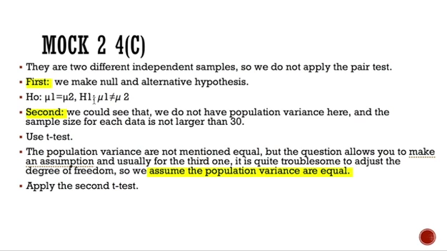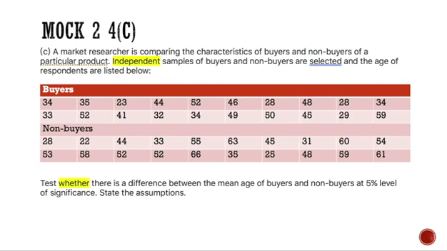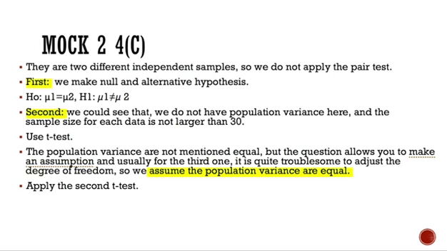In the second step, we can see that there is no population variance listed above, and also the sample size for H1 is not larger than 30. So we need to apply the t-test. And also we can see that the population variances are not mentioned as equal above, but the question allows you to make an assumption.